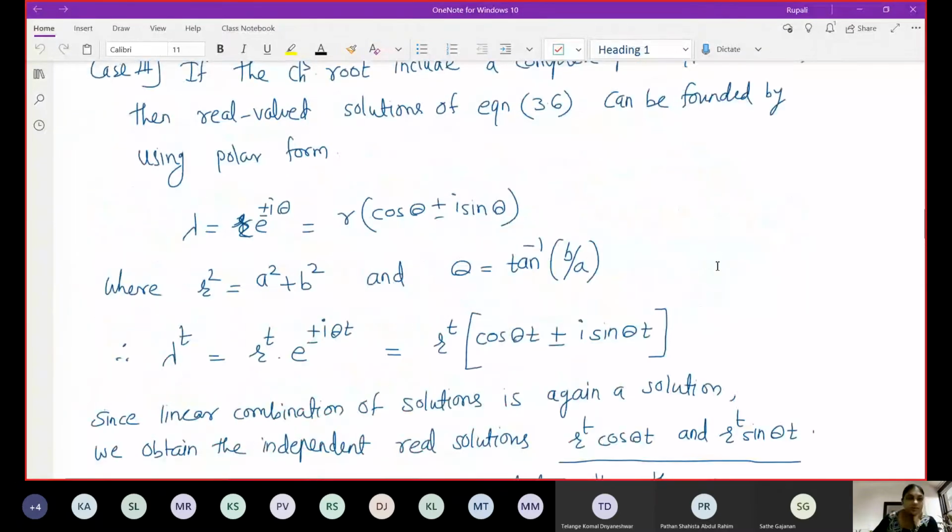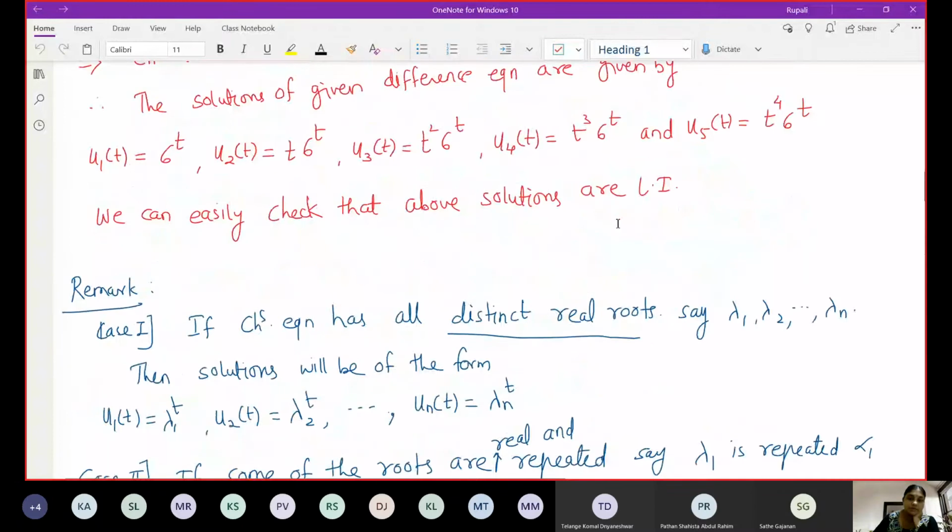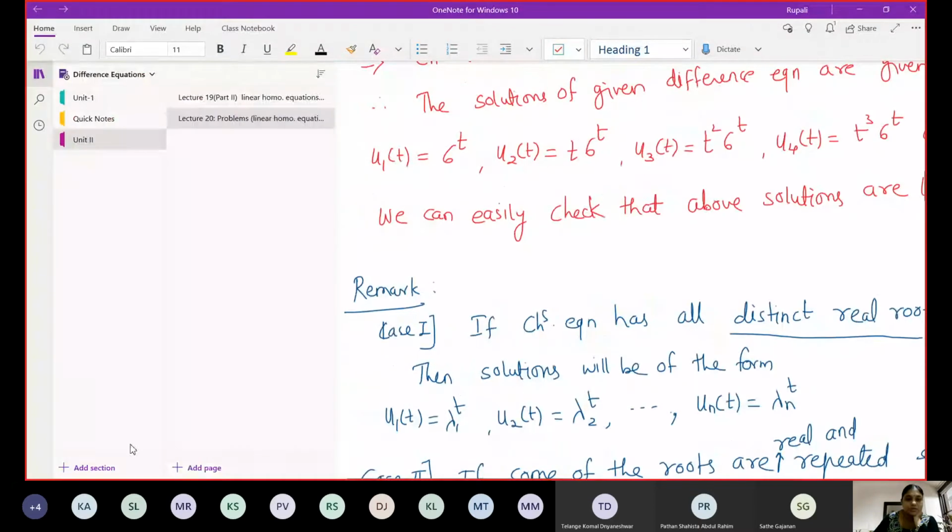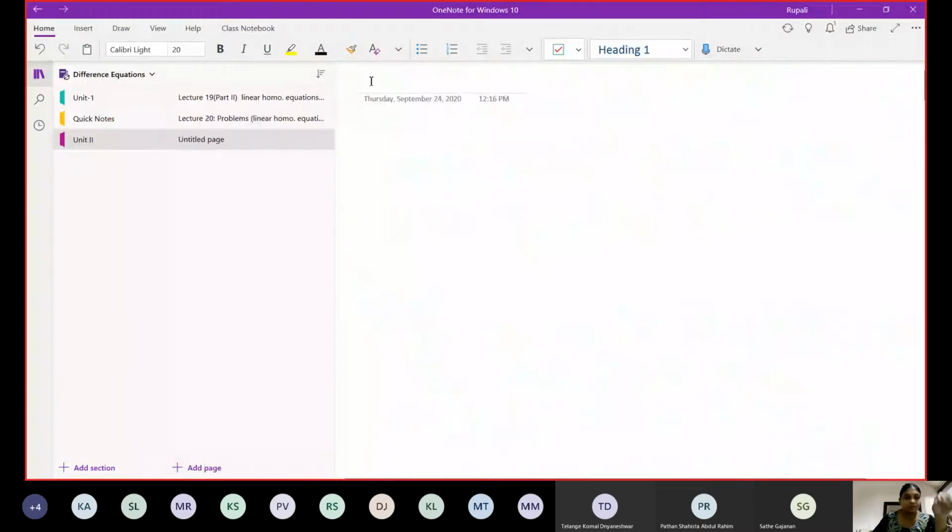So yesterday we have seen how to solve homogeneous difference equation with constant coefficients. Now in today's lecture we will see how to solve non-homogeneous difference equations. Okay.